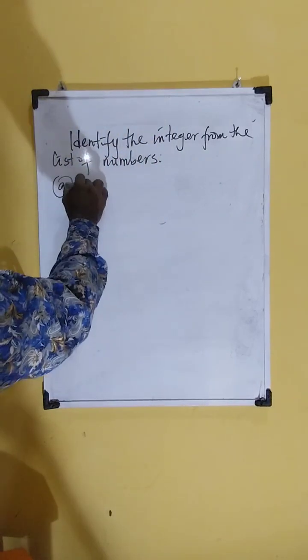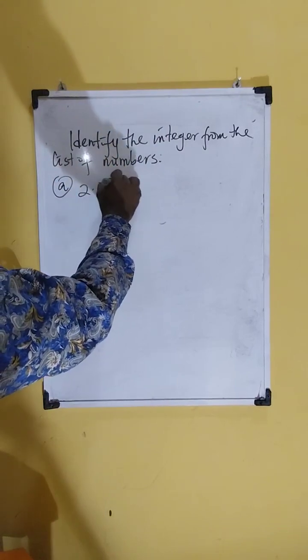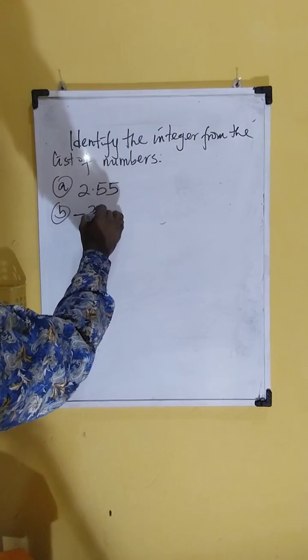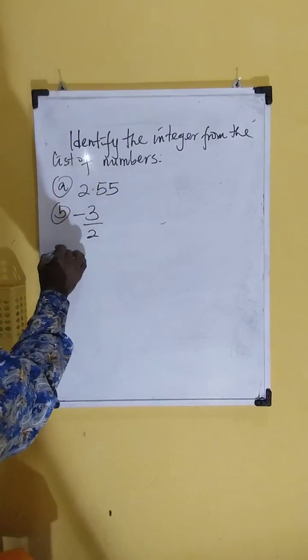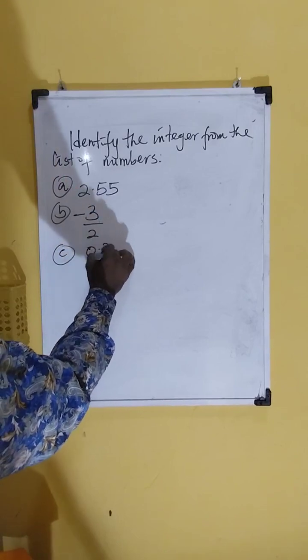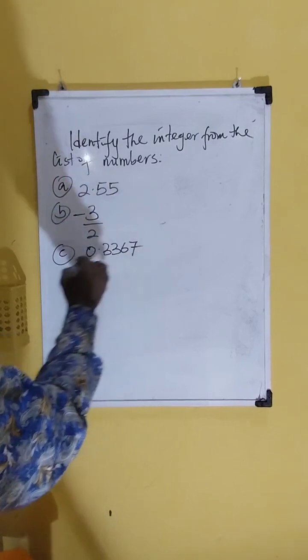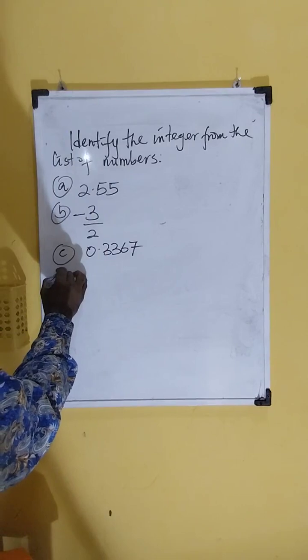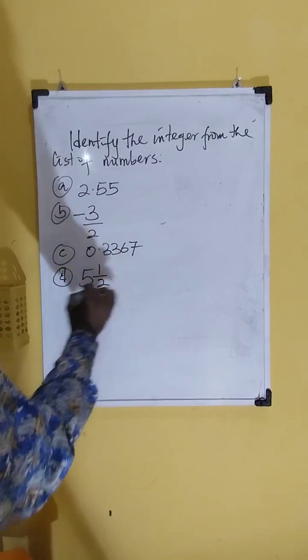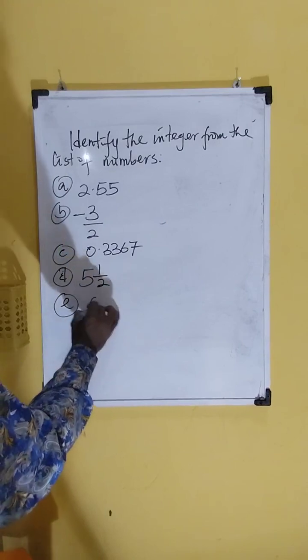A, 2.25. B, minus 3/2. C, 0.3367. D, 5 1/2. And E, 0.